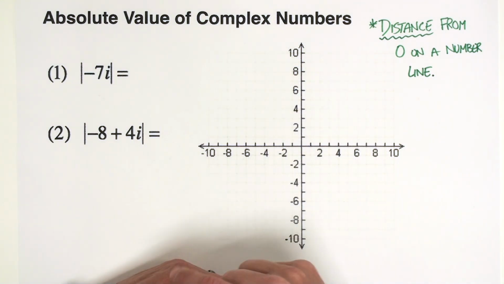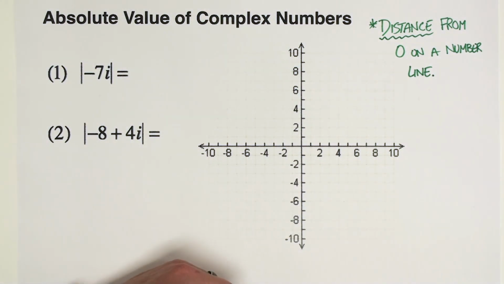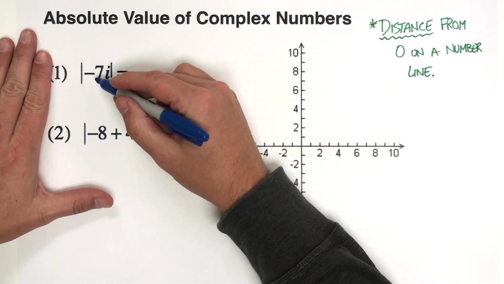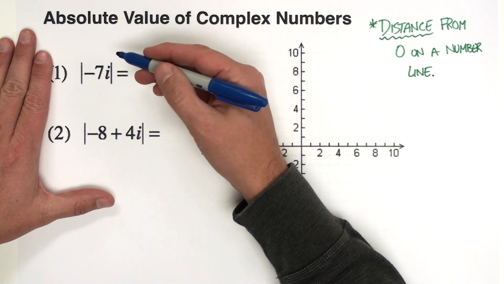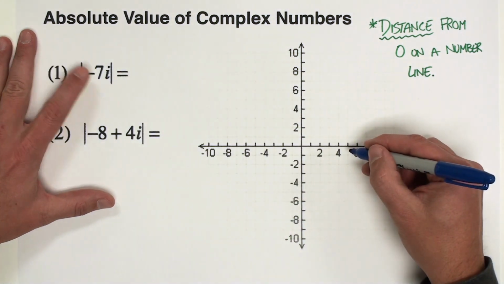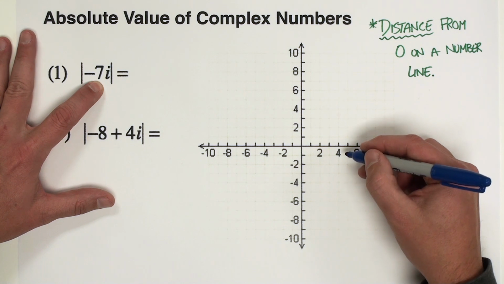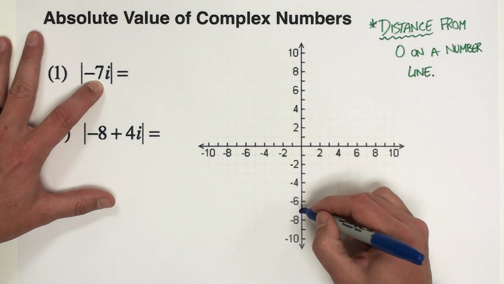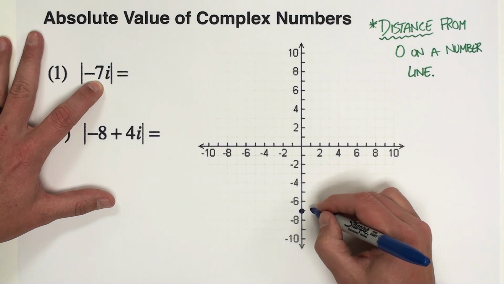So if I want to find the absolute value of negative 7i, first I'm going to plot negative 7i. Now negative 7i doesn't have a real number. It just has the imaginary number negative 7i. So that's going to come down here. Okay, so here's negative 7i.